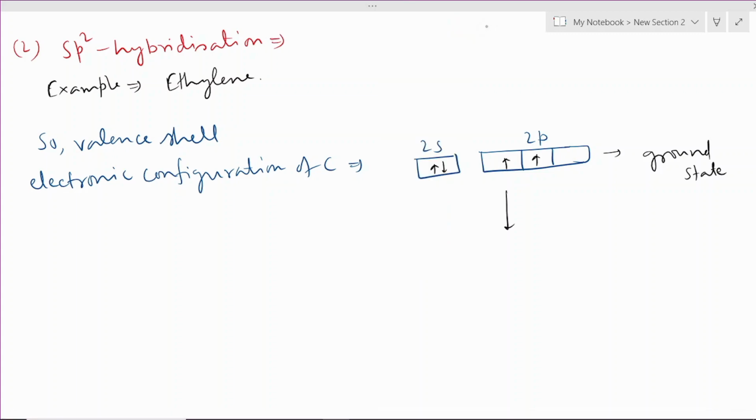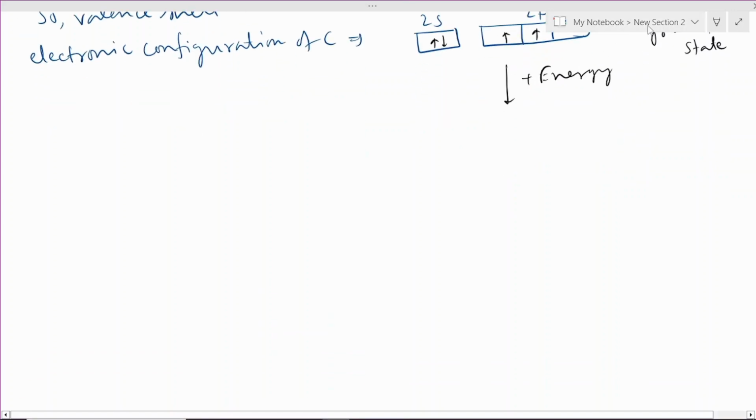And if we add some energy to this system, it will reach to excited state, where 1 electron of 2s jumps to 2p.